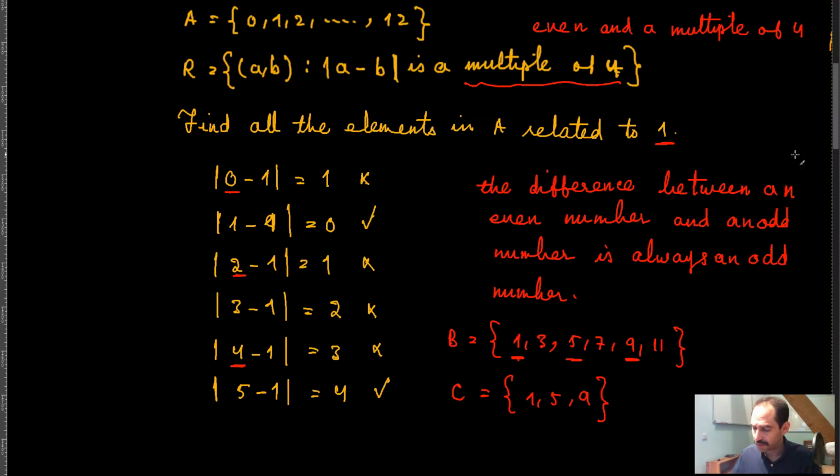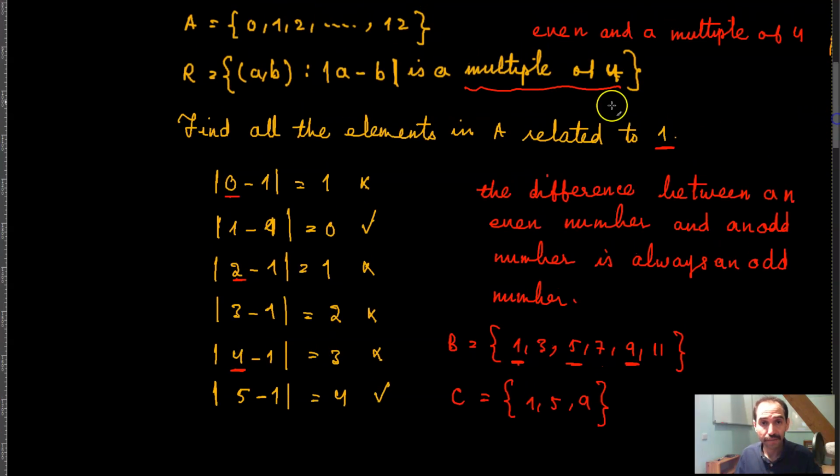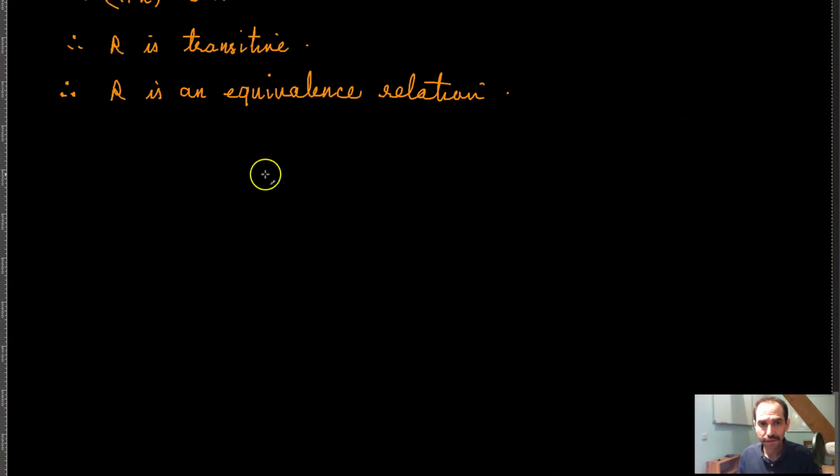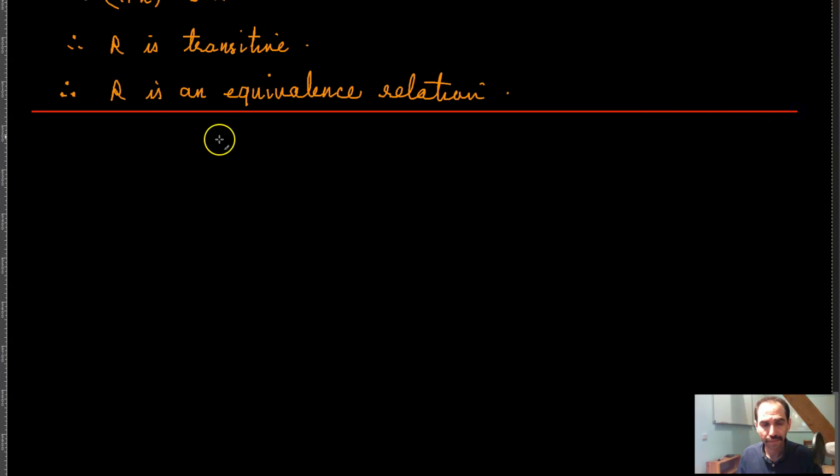Now in the second part of this question, we also need to find the numbers related to 1 using the other relation that we had, right? So again, A was equal to 0, 1, 2 and all the way up to 12, and the relation was all the ordered pairs x comma y such that x is equal to y.